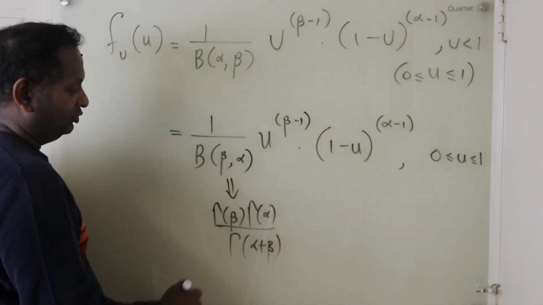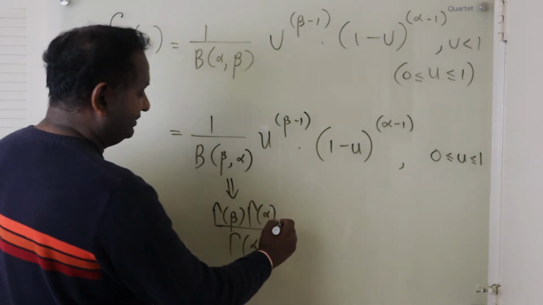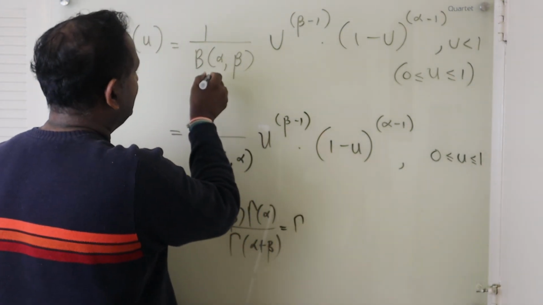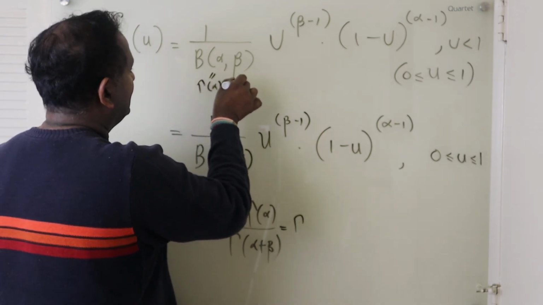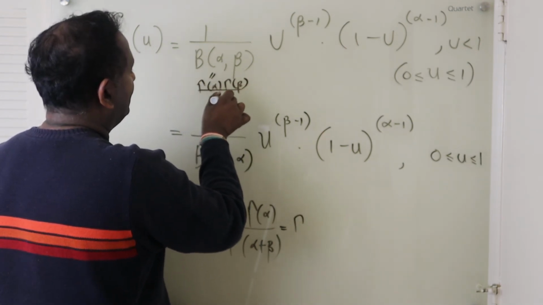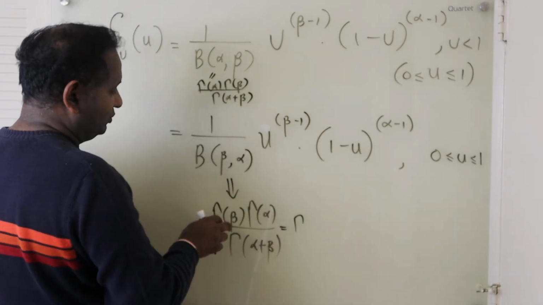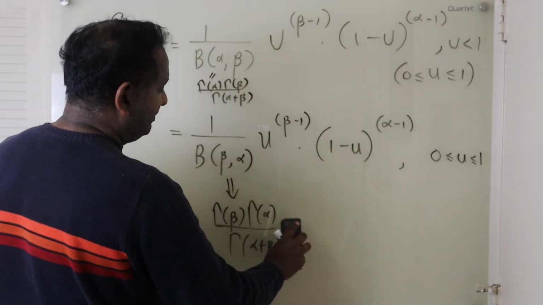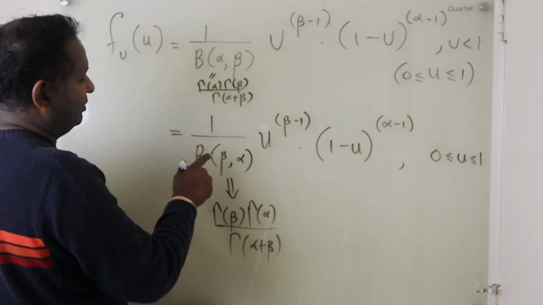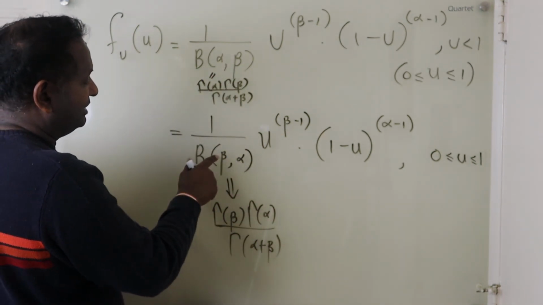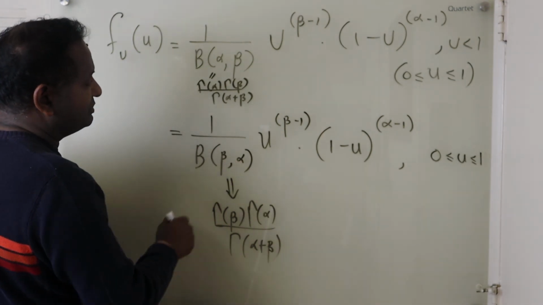Either way, it's equivalent to gamma alpha, gamma beta over gamma alpha plus beta. So these two are equivalent. In that way, it doesn't matter whether you write the beta function as alpha comma beta or beta comma alpha.